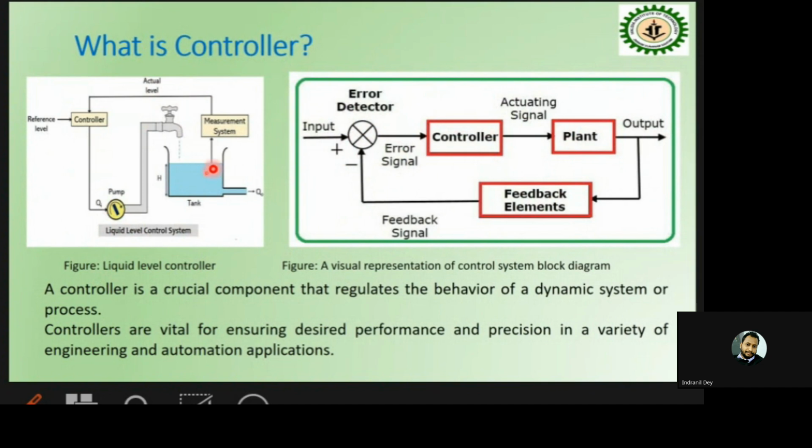The first instant, the measuring device, maybe an ultrasonic sensor or a capacitive sensor, will measure this height. 7 centimeters is my set point, 10 centimeters is the actual height now. It will measure and give it back to the controller.